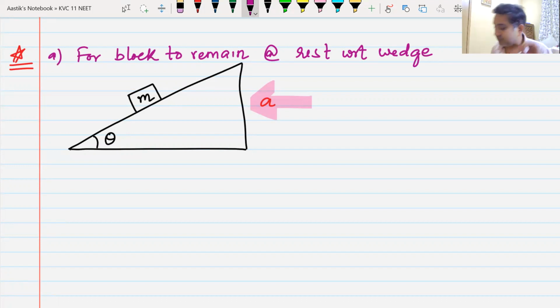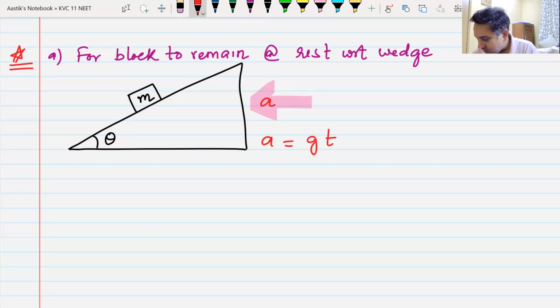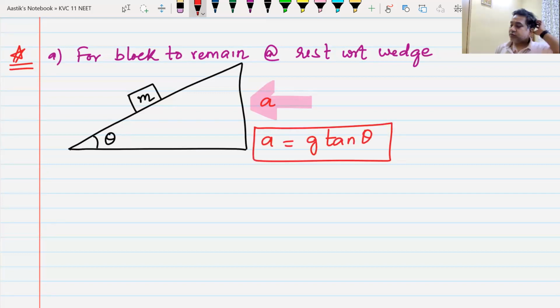For this block to remain at rest with respect to the wedge, the value of this acceleration A must be equal to g tan theta. Just remember this as an important note. For the block to remain at rest, it must be pushed in this direction, and the acceleration must be g tan theta.